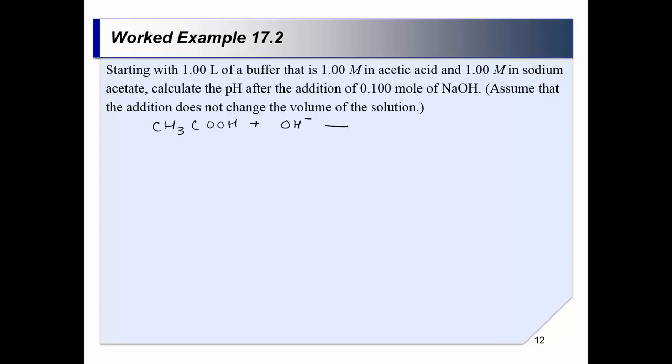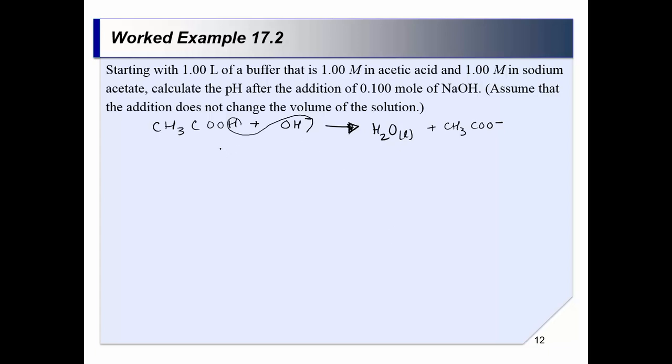That's really the important part, and this is going to go to completion. This isn't something that's going to equilibrate because we do have a strong base. And we will end up forming liquid water. There I will put the phase, because the hydrogen and the hydroxide will join together to form liquid water, and we will form more acetate ion.